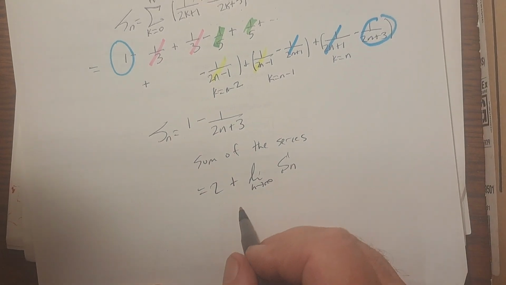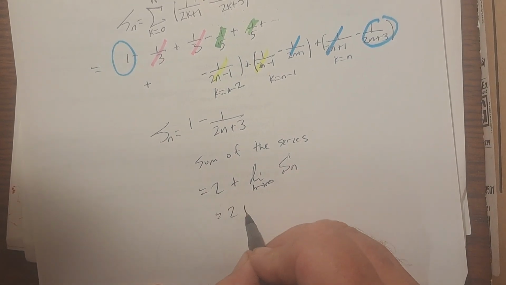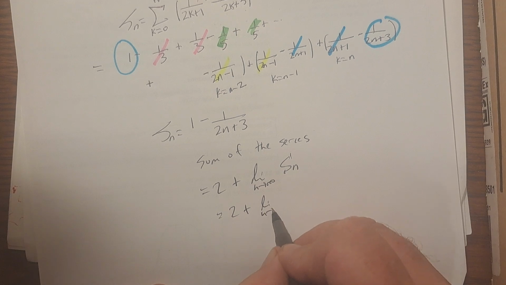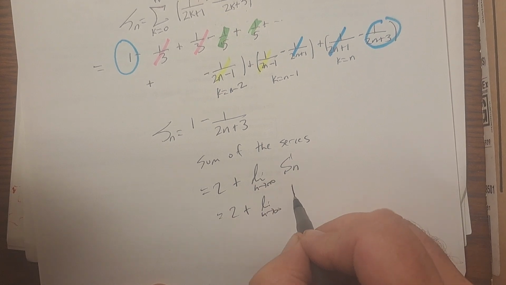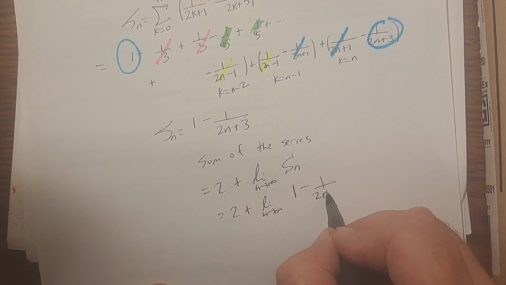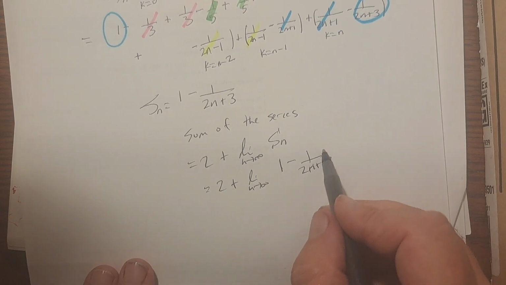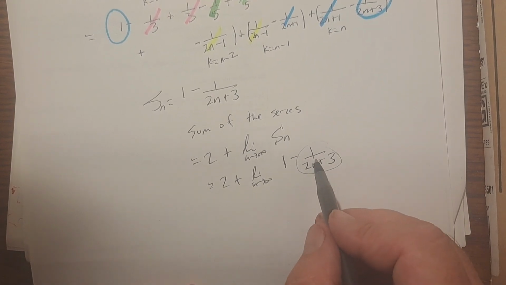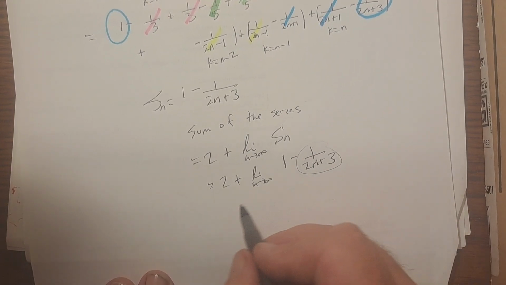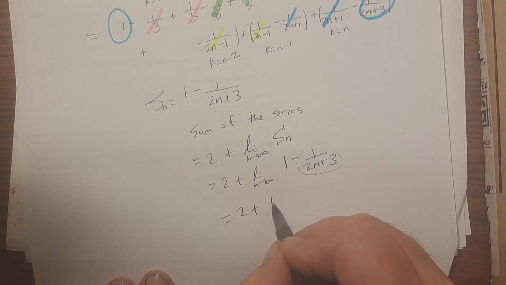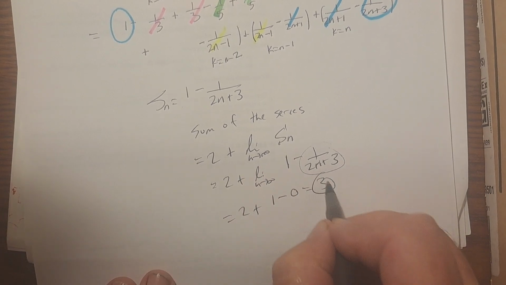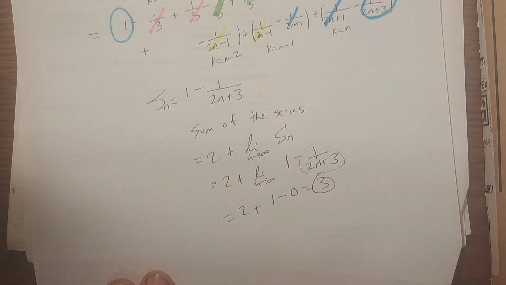The limit as n goes to infinity, the nth partial sum. So that's 2 plus the limit as n goes to infinity of 1 minus 1/(2n+3). That guy's going to go to 0 because it goes to 1/infinity, so you'll just get 2 plus 1 minus 0, or 3. So the answer for the whole problem is 3.